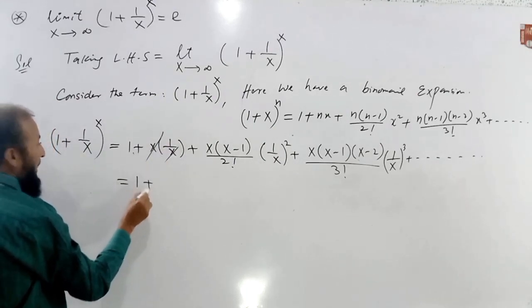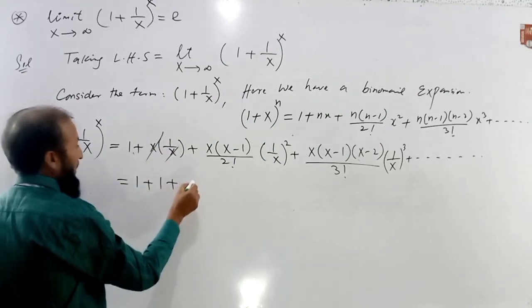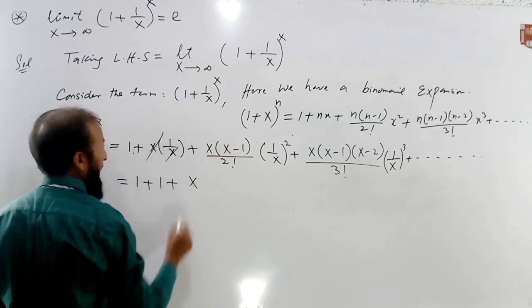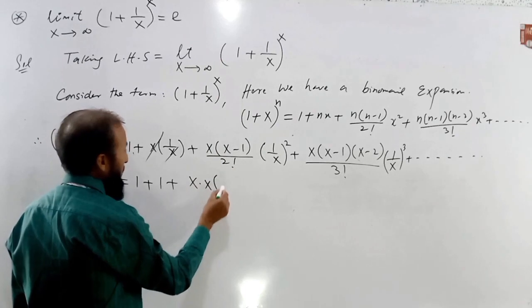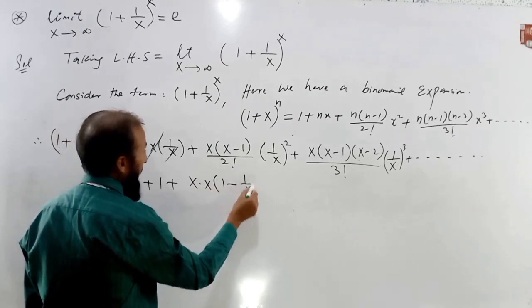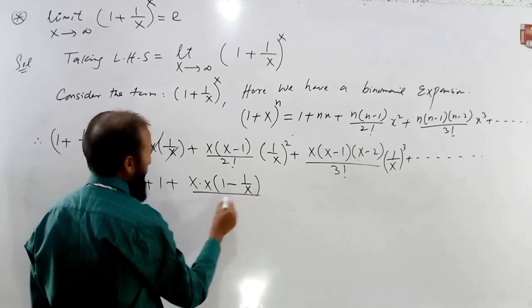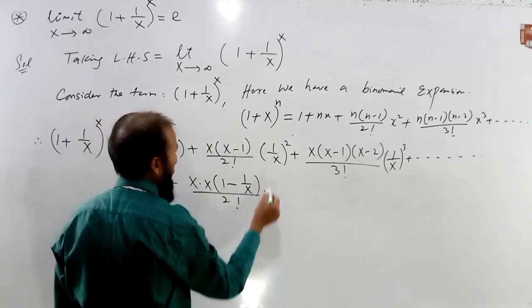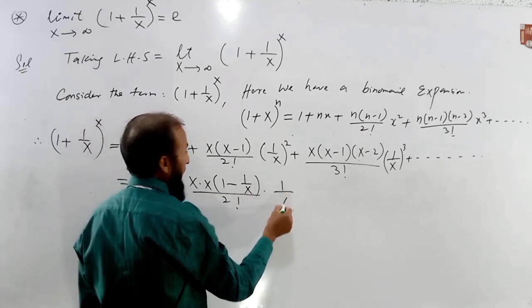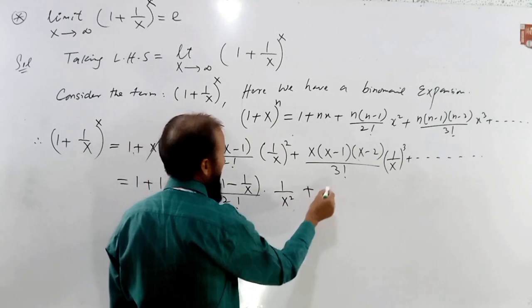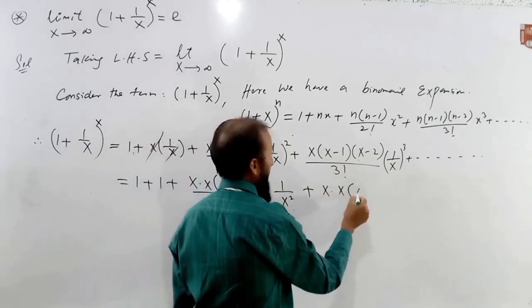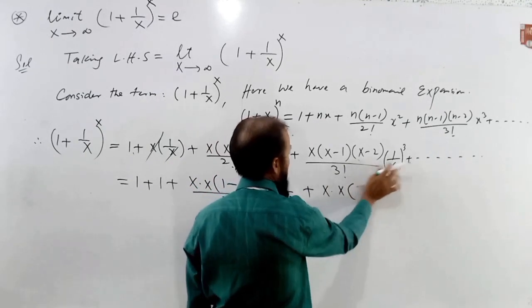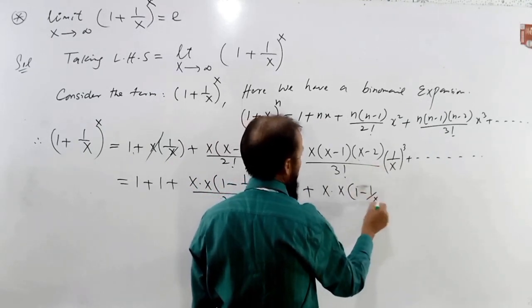We get 1 plus 1 plus, here if we take from the first pair, we take common x. So we write 1 divided by 1 over x divided by 2 factorial, expand 1 square, 1 and x square. We can write plus, similarly here x is common from the first pair, x we can write x times 1 minus 1 by x.